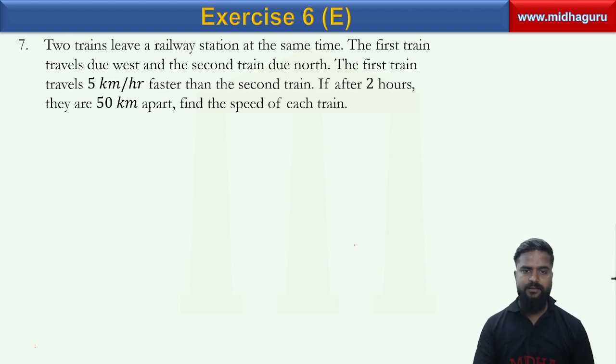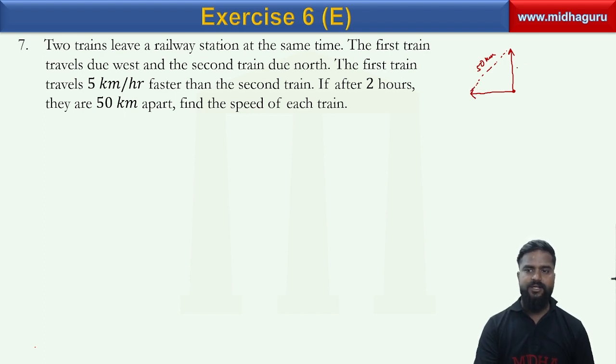So now you have to understand that from this point, let's say this is the town they both are leaving from, train 1 is leaving in this direction. Now the other train is leaving in this direction. That says after 2 hours this distance is 50 kilometers.